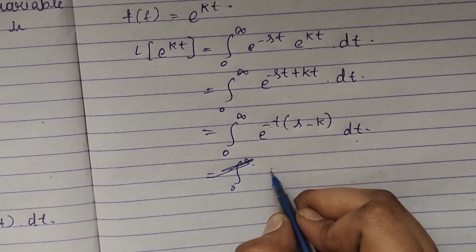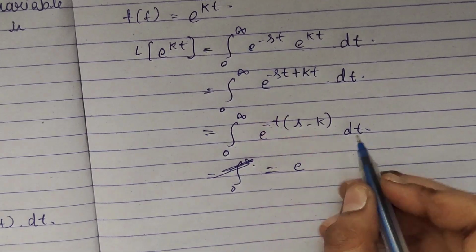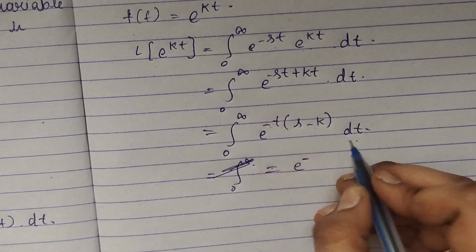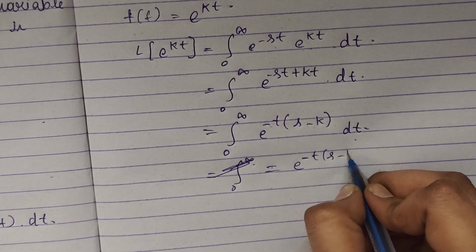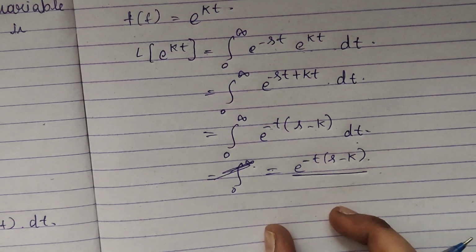The integration of e power minus t times s minus k is e power minus t of s minus k, and we have to put the coefficient s minus k in the denominator.